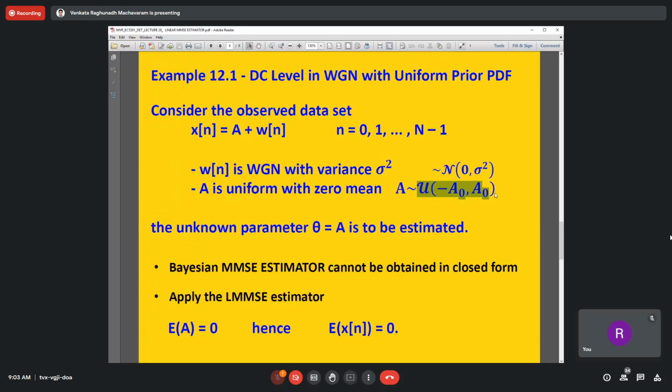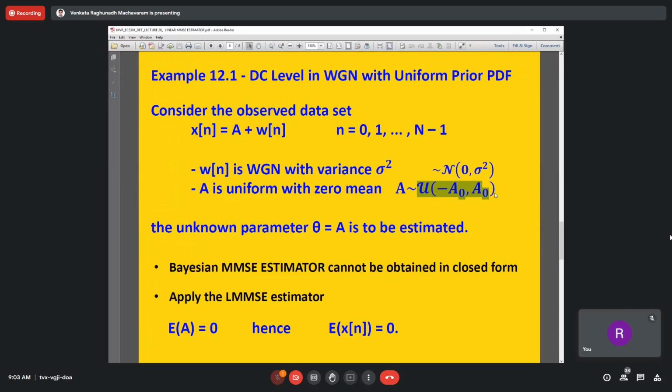Both are centered around 0, because noise also has zero mean, but it has its own variance. This also is a PDF. What is the variance now? The parameter is between minus a naught and plus a naught. So the variance of noise and the variance of the parameter are not the same, but both have mean value 0, hence they are centered around that.